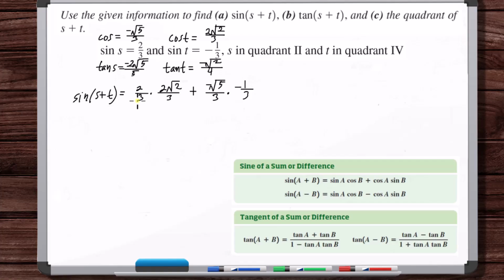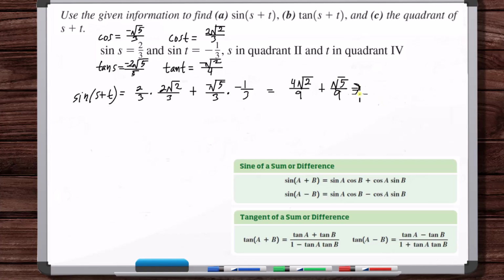Sine of s times cosine of t plus cosine of s times sine of t. Yeah. So we've got, let's see, 4 root 2 over 9, and then plus root 5 over 9.